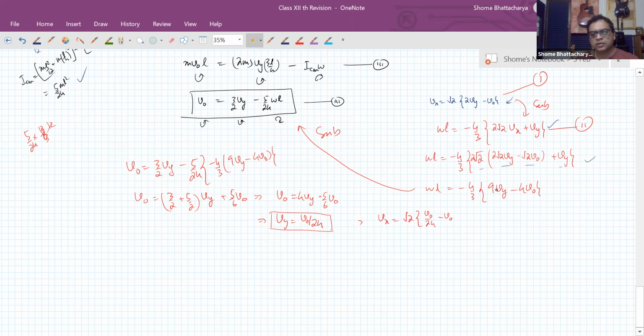So this is okay. So this will become minus 4/3 into 8 plus 1, 9. So this is okay. Minus 4. So that's okay. So then we will substitute this here.